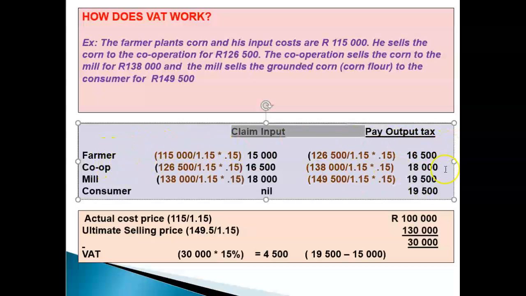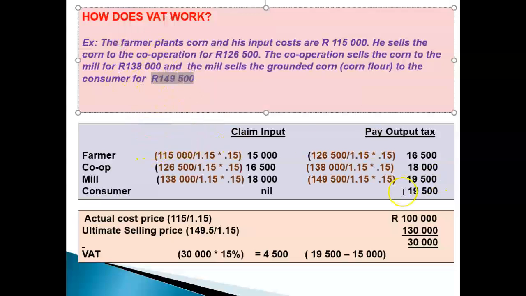The co-op had to pay a net amount of 1,500, and the mill had to pay a net amount of 1,500. So 1,500 times 3 means that from the time the farmer planted the goods until it was finally sold to the consumer, there was a total amount of 4,500 Rand paid as VAT.